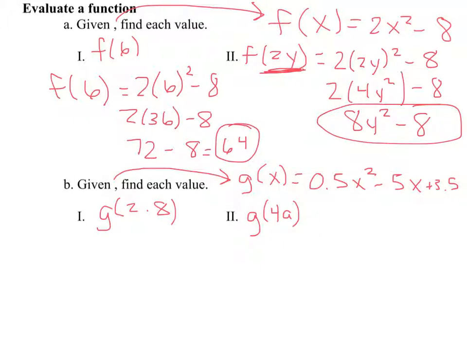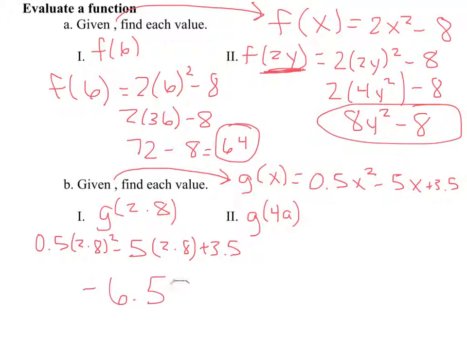Down here on example B, it should say g of x equals 0.5x squared minus 5x plus 3.5. And first they want us to plug in 2.8. So we're going to have 0.5 times 2.8 squared minus 5 times 2.8 plus 3.5. And if we evaluate that, we're going to end up with negative 6.58 for our final answer.